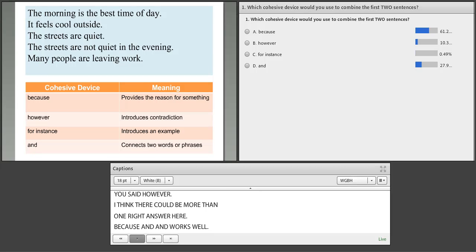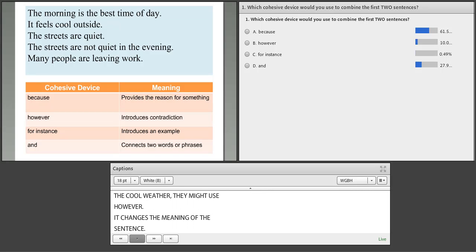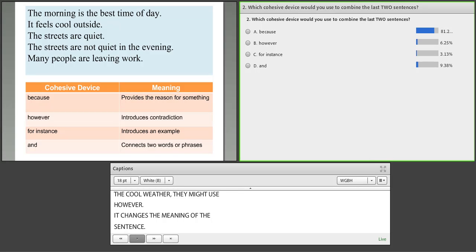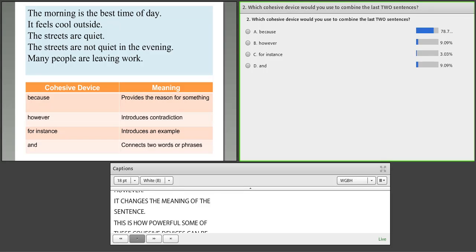The morning is the best time of day and it feels cool outside. You could even use however. The morning is the best time of day, however it feels cool outside. For someone who does not like the cool weather, they might use however. So it really changes the meaning of the sentence. This is how powerful some of these cohesive devices can be.